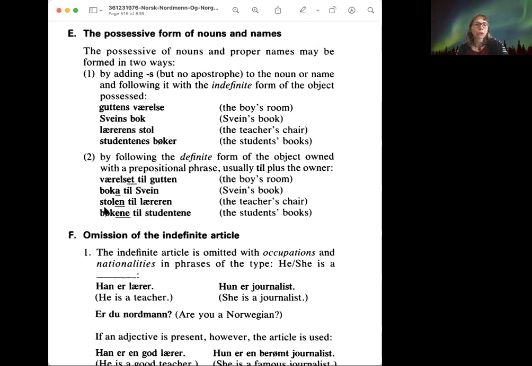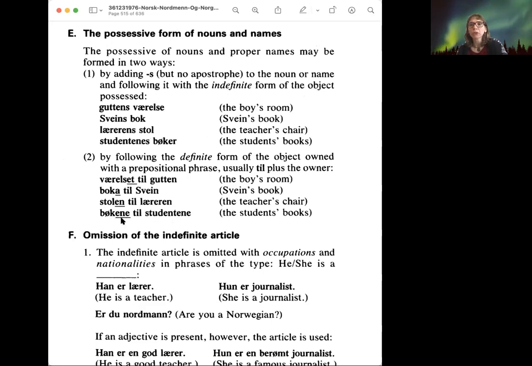Another example, stolen til læreren, the teacher's chair. And again, we see that we make stol definite, the chair, stolen til læreren, and læreren is definite as well. The teacher, the chair to the teacher, stolen til læreren. And then we have the plural here, bøkene til studentene.